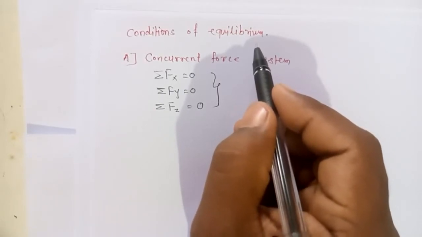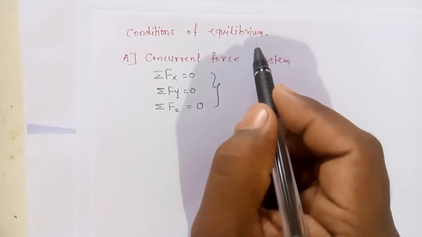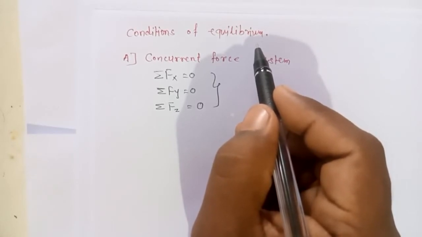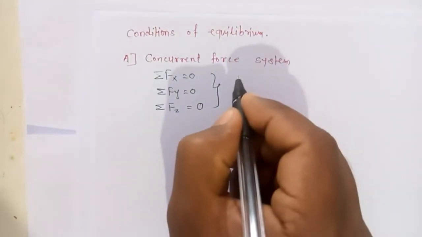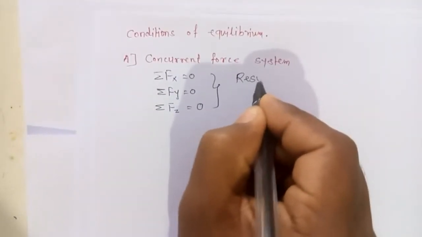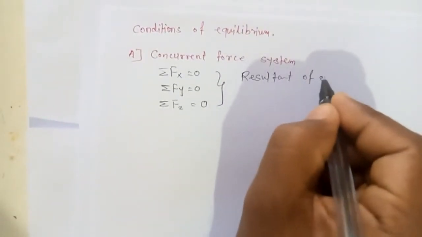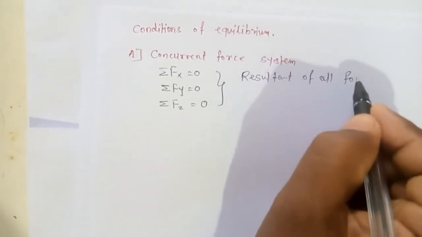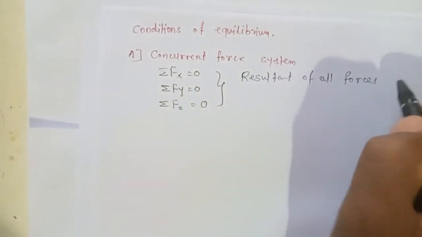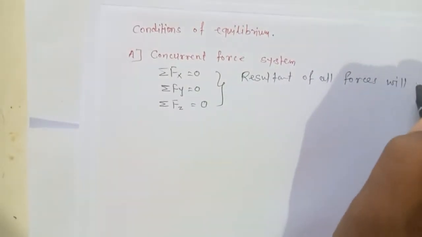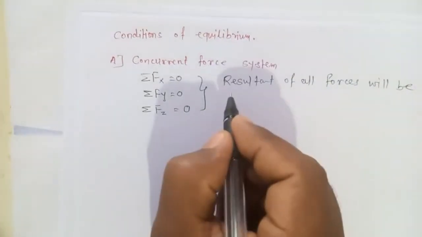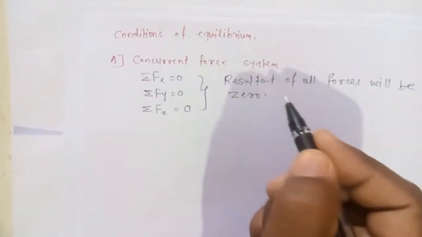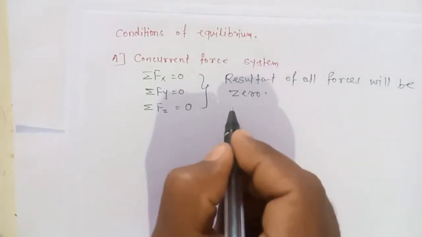That means whenever the body is in equilibrium, all the forces will be balancing each other, and if all the forces are balancing each other, then the resultant of all forces will be 0.